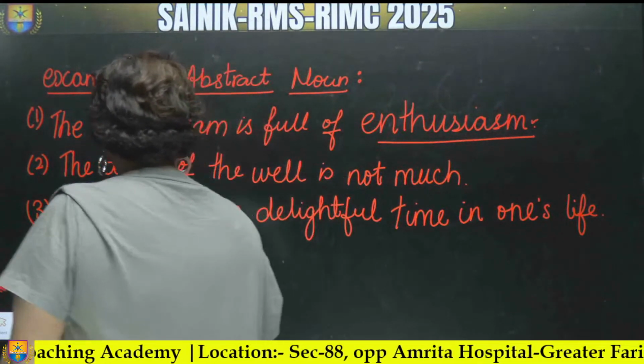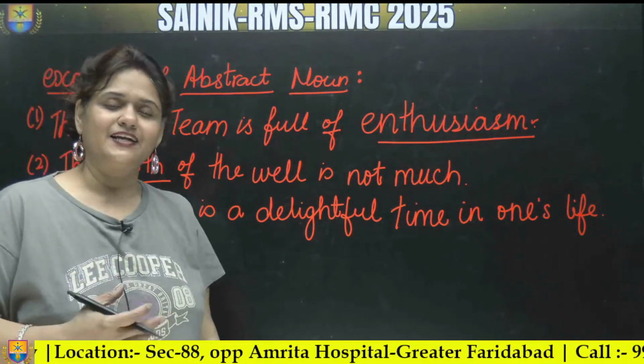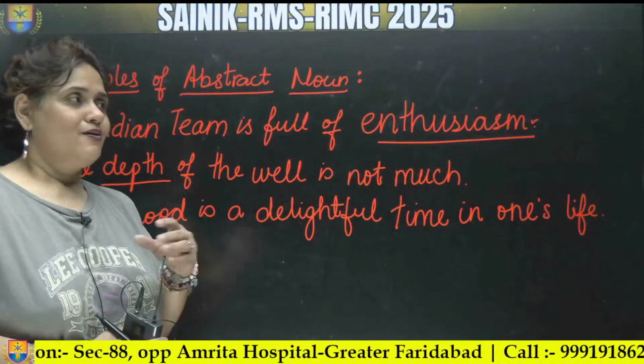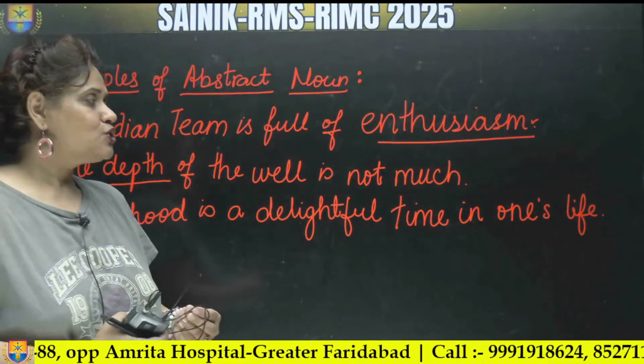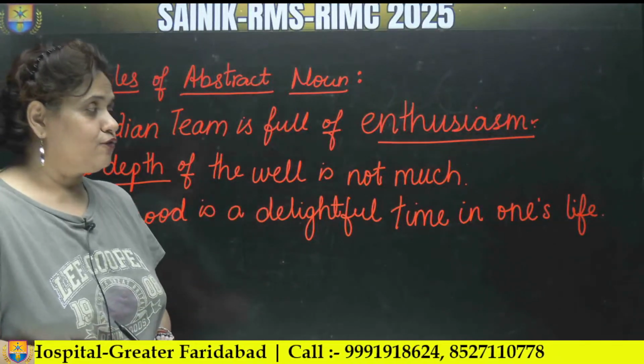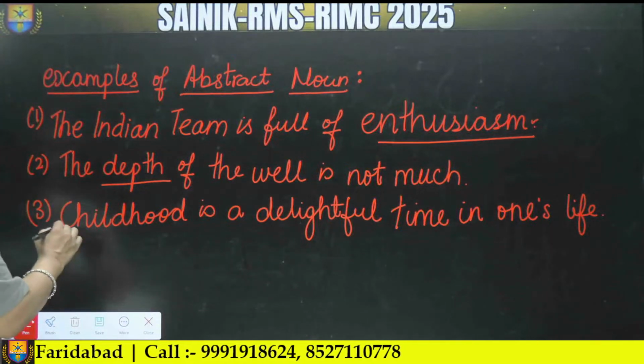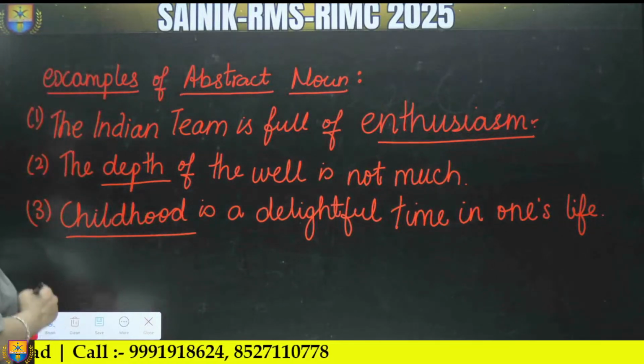Now what does this mean? Our childhood is the most delightful time for all of us, our whole lifetime. So we have, childhood is a delightful time in one's life. What is the abstract noun in this? We will underline the word childhood.